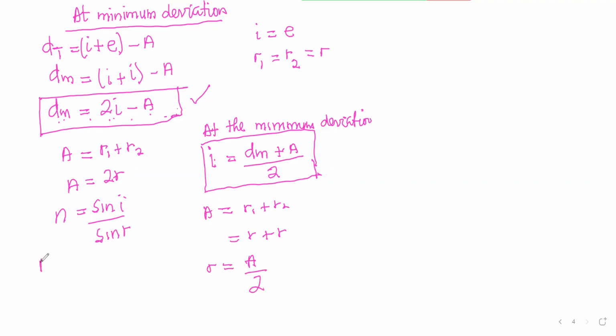Therefore, the refractive index of the material used as a prism at minimum deviation can be obtained by sine of I, which is now dm plus A all over 2, all divided by sine of A over 2.